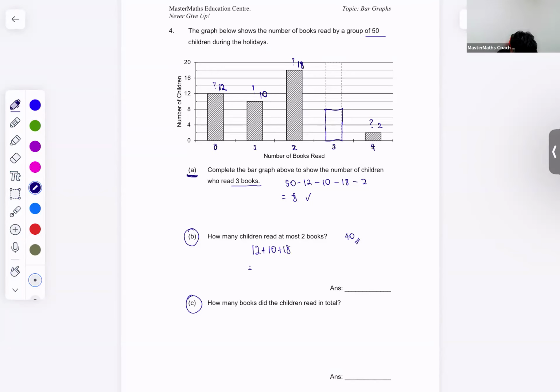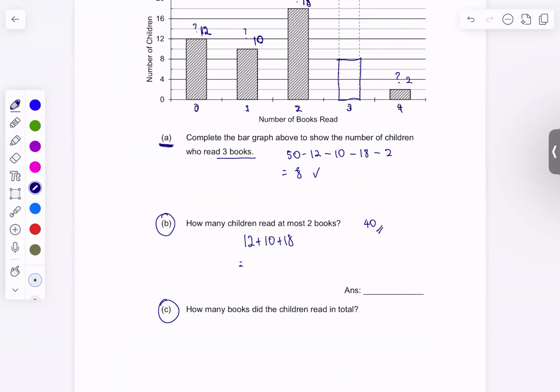What's the answer? 40. So 12 plus 10 plus 18 equals 40.